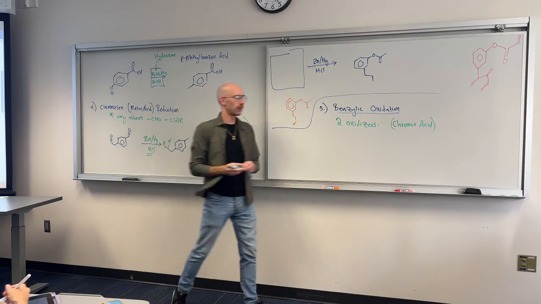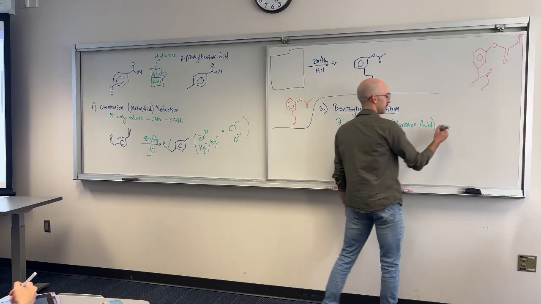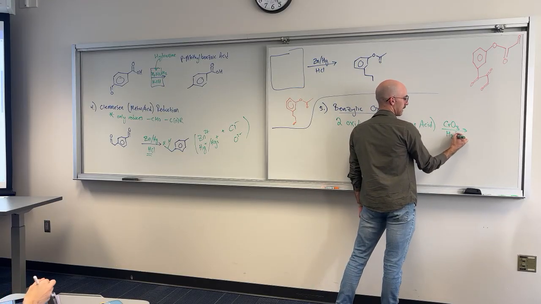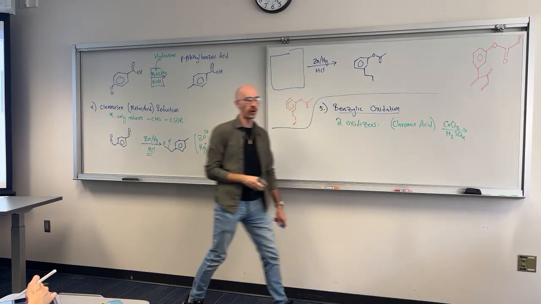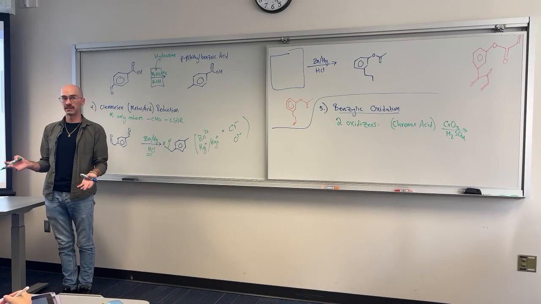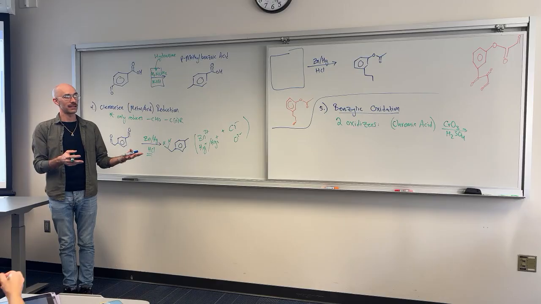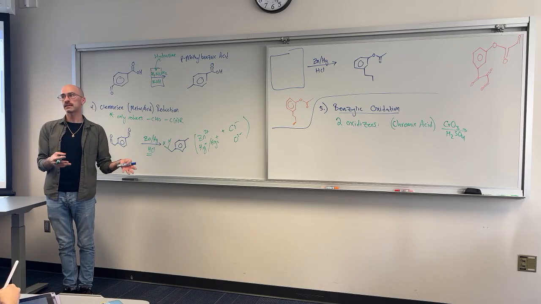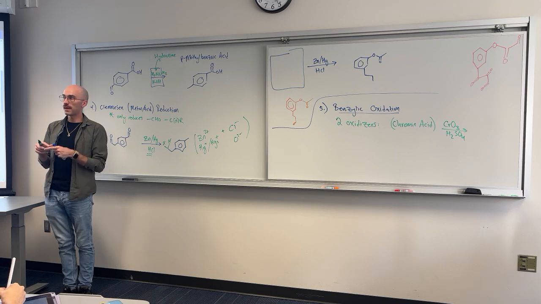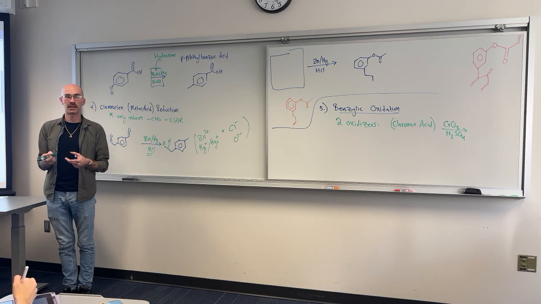We can write chromic acid as CrO3 in H2SO4. You will notice that that is not chromic acid. That is chromium trioxide in sulfuric acid. But they react together to produce chromic acid.